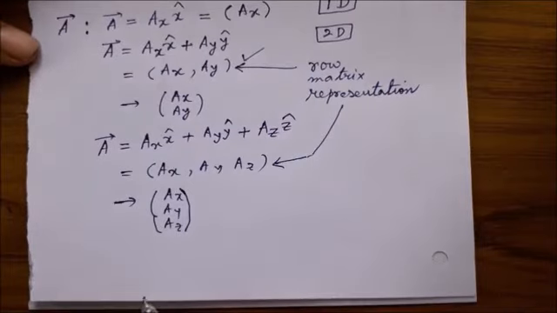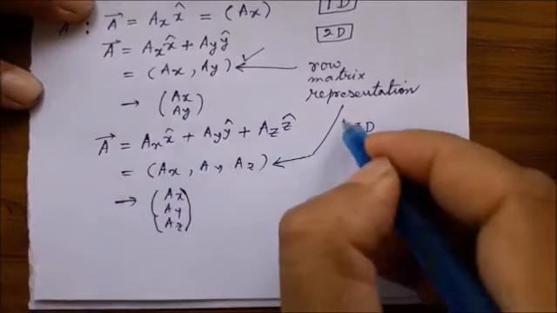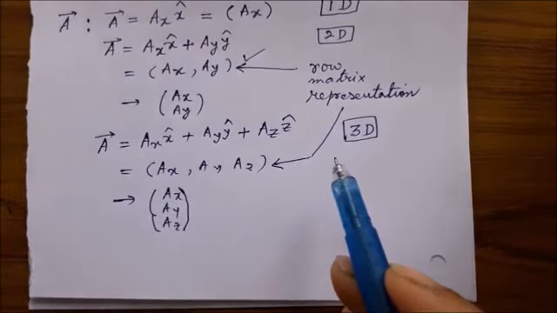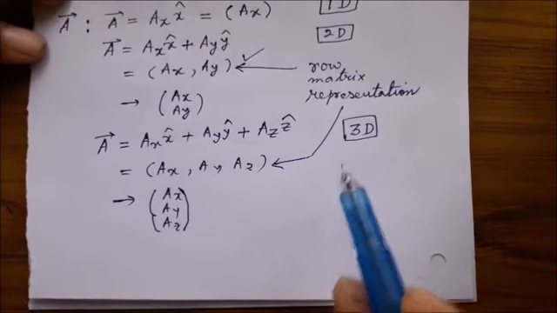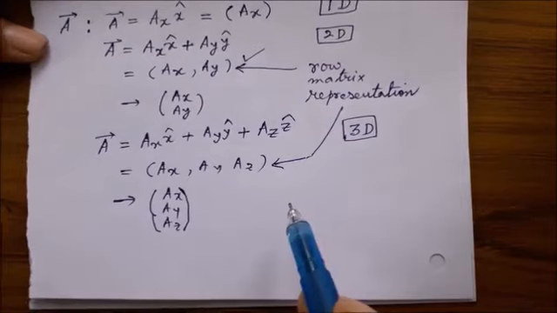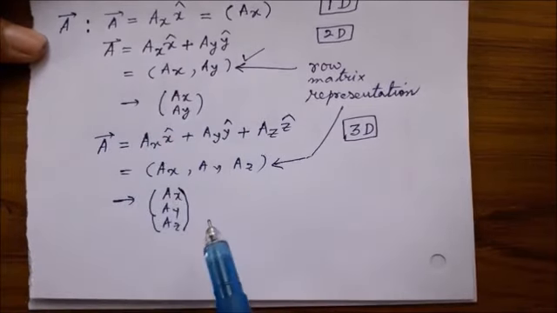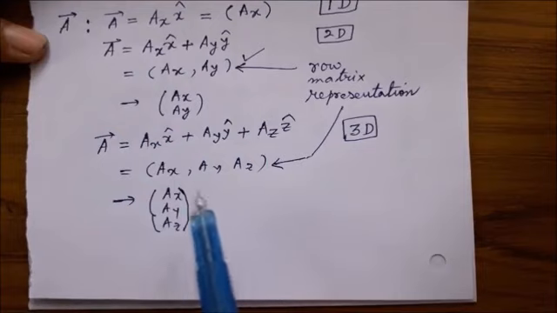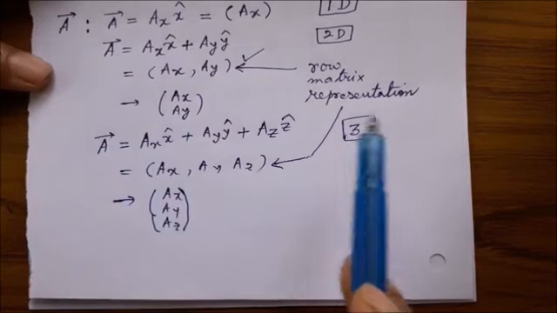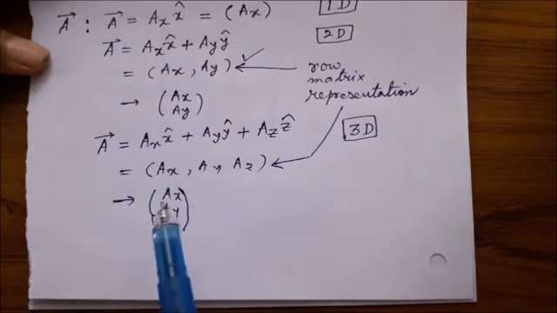Now what if we are asked to write the same vector in a dimension that is higher than 3, say in 20 dimensions or 100 dimensions? Now the method which we are following, if we still use that method in writing this vector in a 100 dimensional space, that will take a very long time.